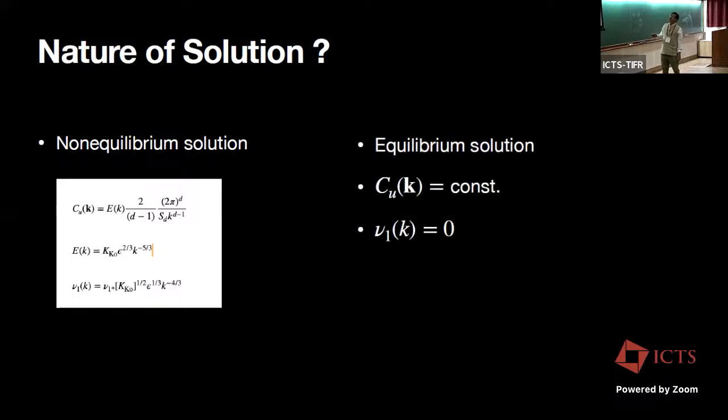Okay, before that, we have two kinds of solution, which were mentioned in today's talks. One is the non-equilibrium solution, which is k to the minus phi third, which was illustrated by Srini. But there's another solution which was told by Rahul, which is the equilibrium solution. It came up in Brass's talk as well. This is where every mode has equal energy.